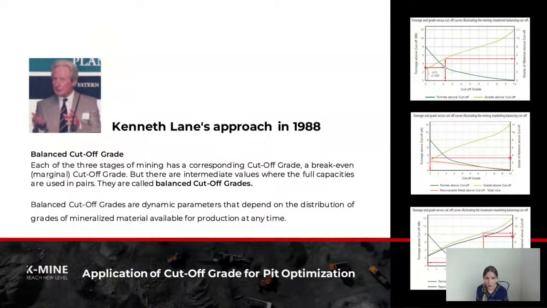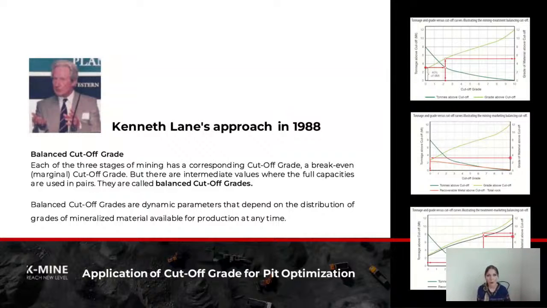But that's not what Lane thought. And each of the 3 stages of mining, which are mining itself, processing, and marketing, has its own break-even marginal cutoff grade. But they are also intermediate values. With these values, full capacities can only be used in pairs, and they are called balanced cutoff grades.